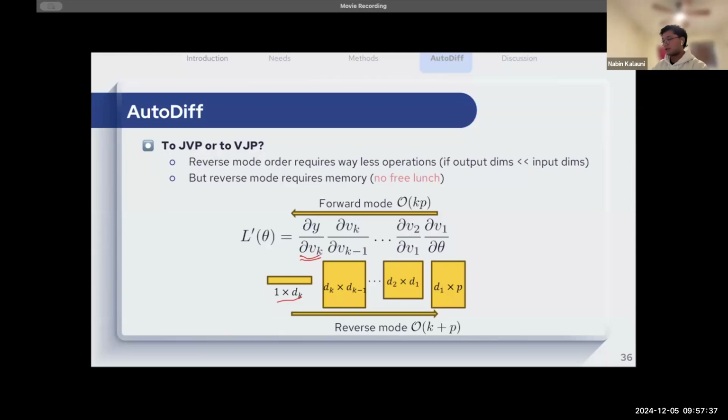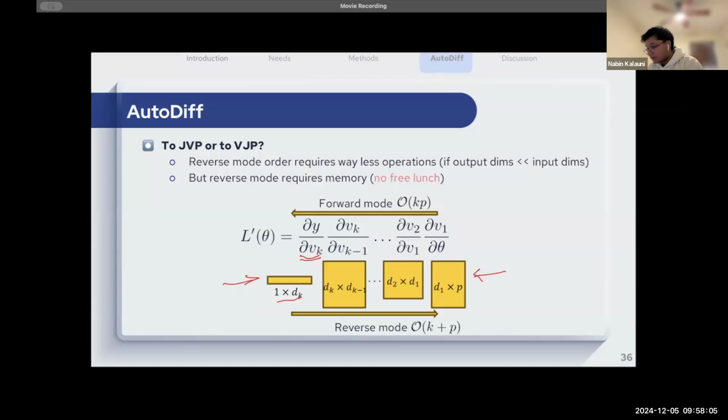Looking at this chain of matrices, you can see that multiplying from this side makes a lot more sense because you're reducing the number of operations, right? You're just doing row operations first and you're reducing the size of the matrix all the way to the end. But if you do forward mode from the end, then you just keep getting matrices all the way and it'll take a lot more addition and multiplication operations.